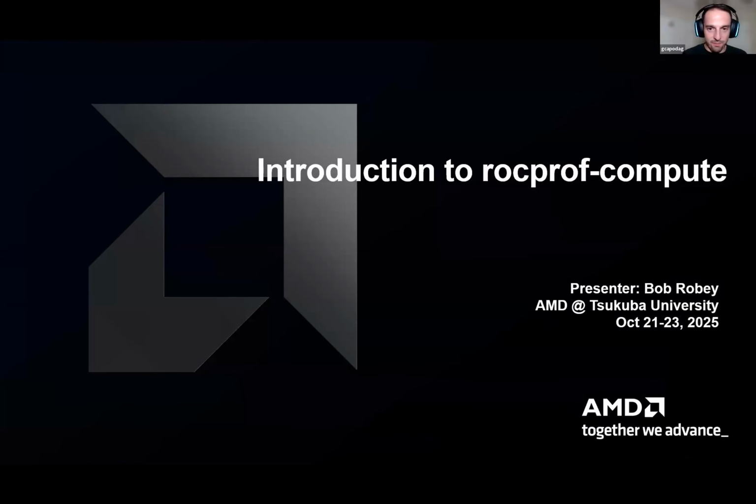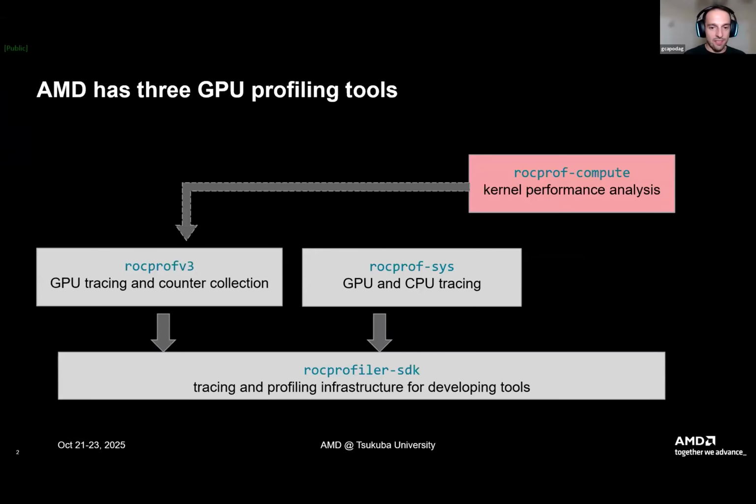Okay, yeah. So you may have seen this slide already today, though with a different rectangle highlighted in pink. So now it's time to turn on the Rocprof-compute rectangle and discuss this.